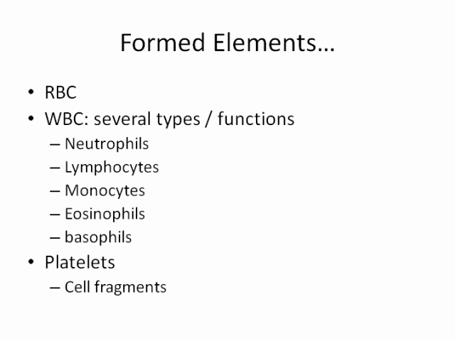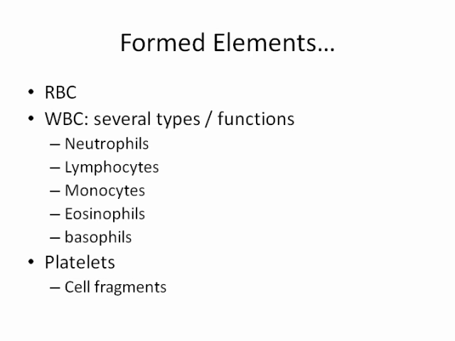The formed elements, of course, we have the red blood cells, which we will talk about here in a few minutes, as far as how the red blood cells are produced. But the red blood cells make up the majority of the formed elements. And then we have white blood cells, for which we spent quite a bit of time the last class really looking at and trying to hone in your ability to differentiate the different types of white blood cells.